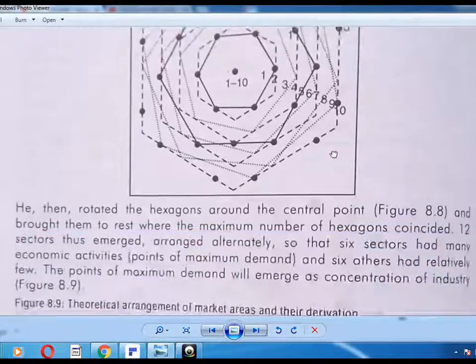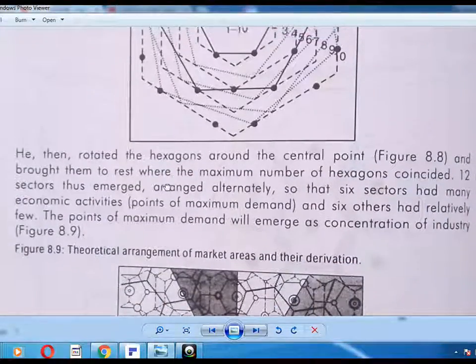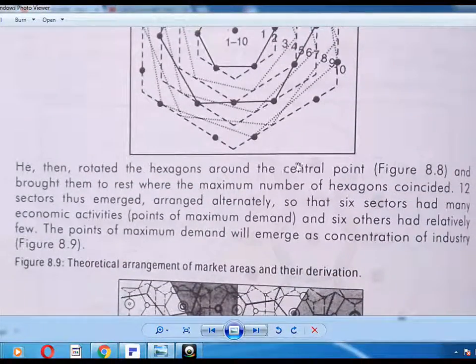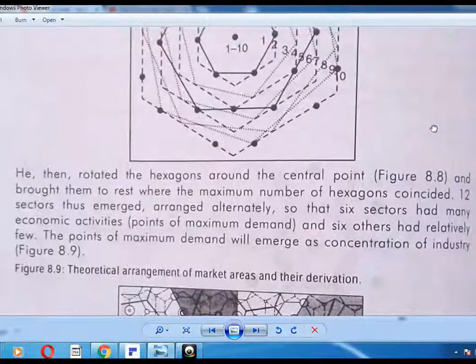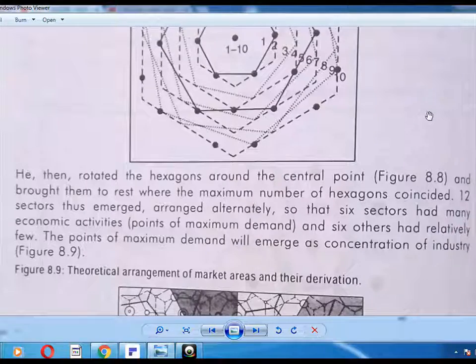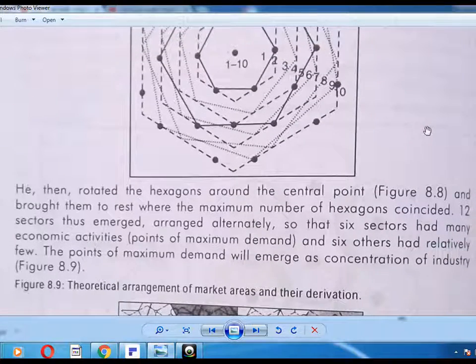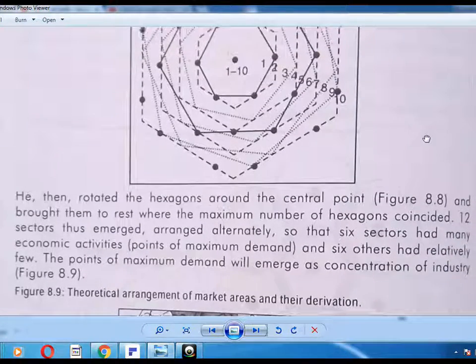Next he rotated the hexagons around the central point and brought them to rest. The maximum number of hexagons considered, 12 sectors, thus emerged, arranged alternately, so that 6 sectors had many economic activities, points of maximum demand, and 6 others had relatively few.